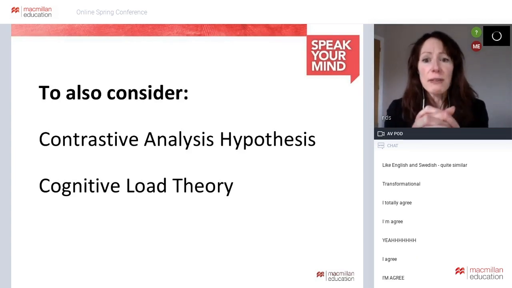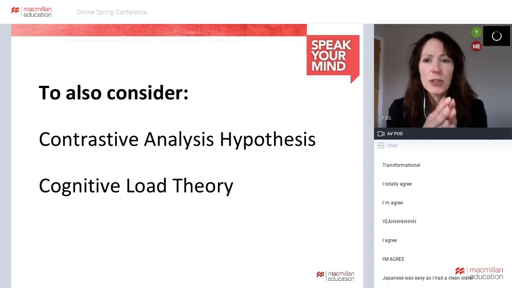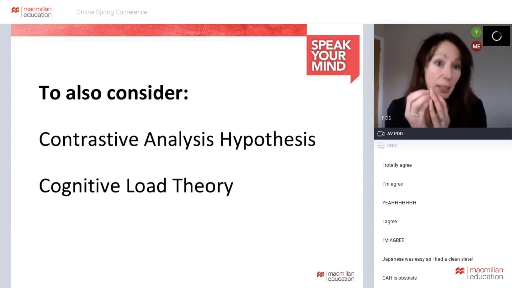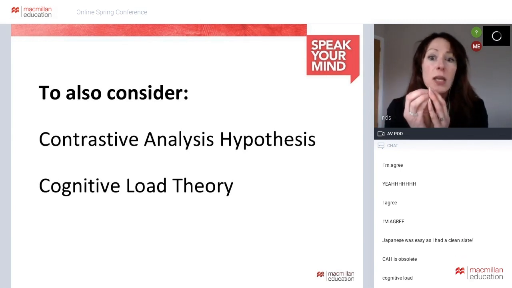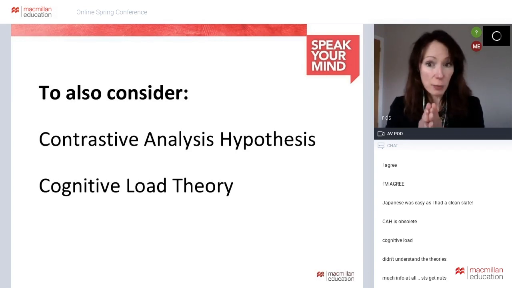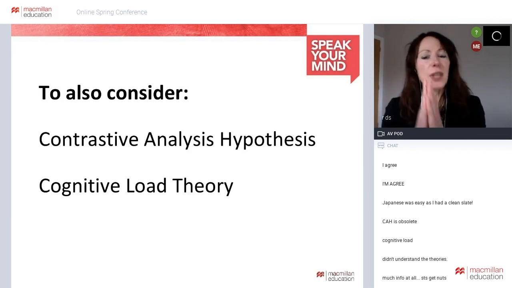The cognitive load theory is about Miller's information processing research, which shows that your short-term memory or your working memory is limited in what it can hold. So we need to reduce that cognitive load by making the task achievable. Achievable is a word we will come back to later.